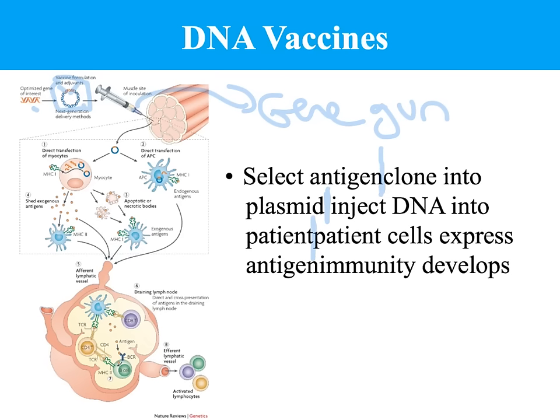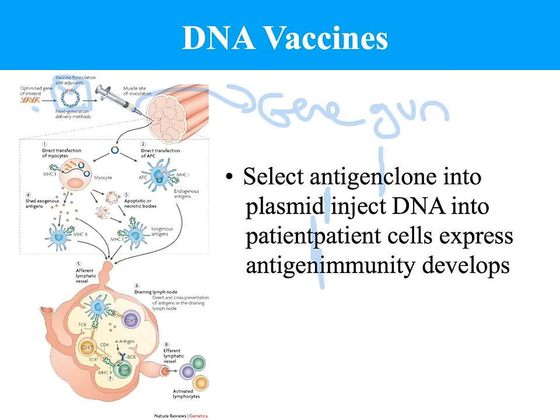Usually on the upper arm, sometimes on the thigh, is where the studies have been done. And what happens here is that you have that bit of DNA injected directly into patient cells. The patient cells start reading this and expressing this gene, and then those patient cells start creating that antigenic protein.